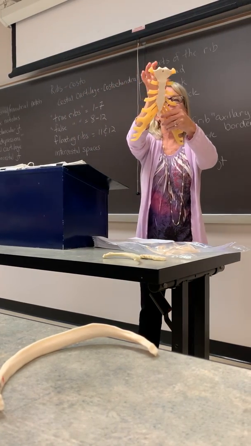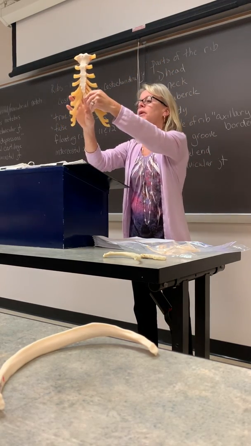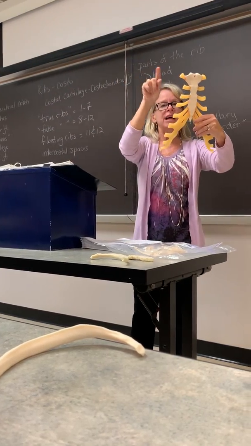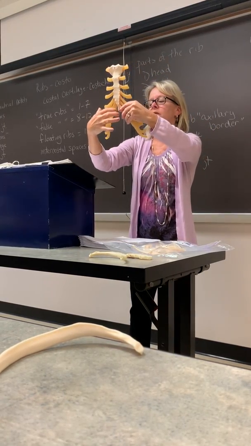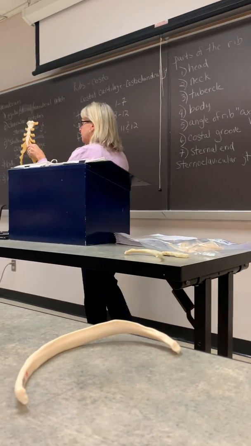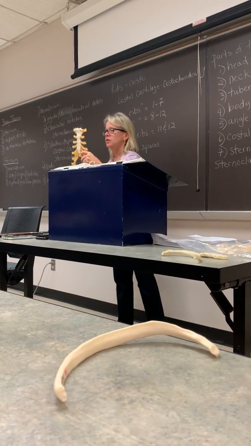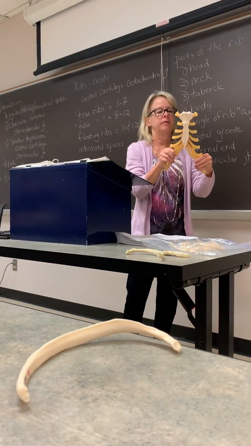But then along the sides of the manubrium, and actually all the way down the manubrium, are what they call shallow depressions. Those are for articulation with the cartilage of the rib.